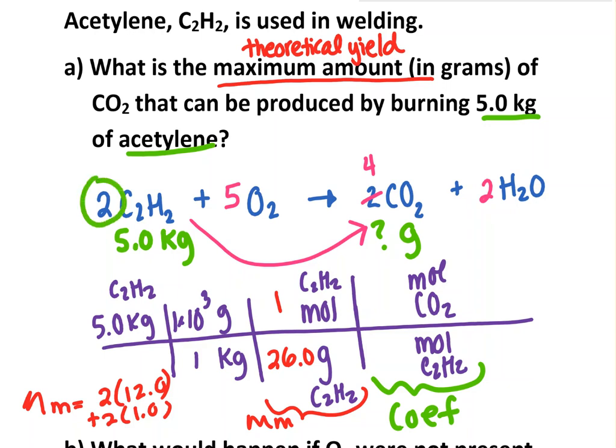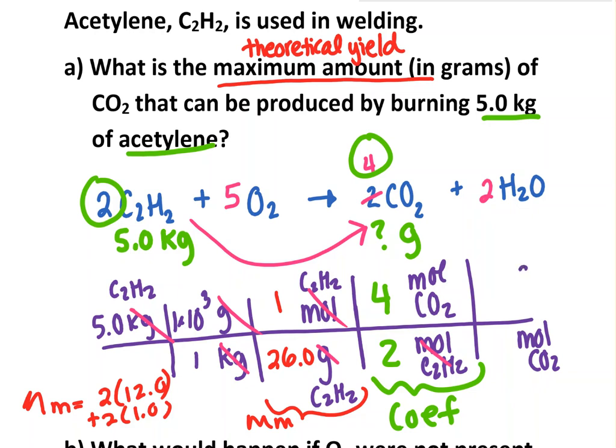And so this is the coefficient for acetylene and the coefficient for carbon dioxide. I'm doing a good job of canceling here. Moles. I don't want moles of CO2 though. I want grams of CO2. So I can get rid of moles that way.